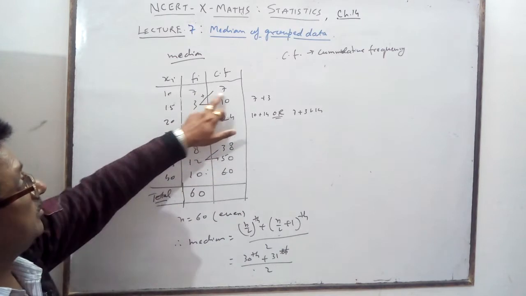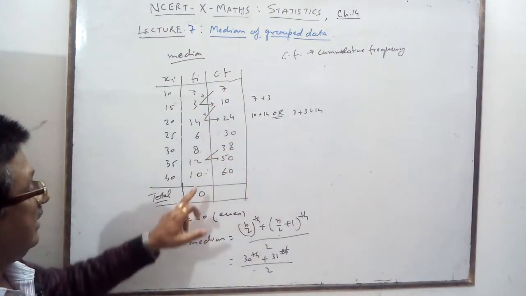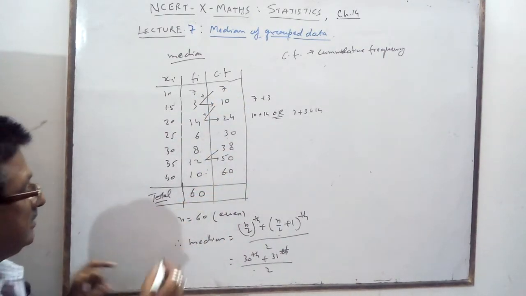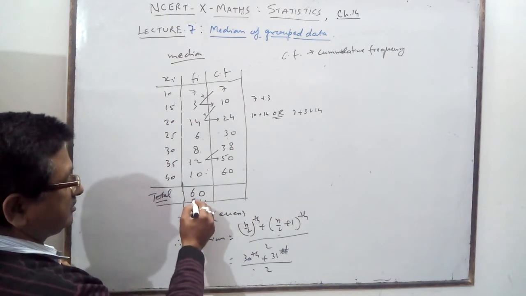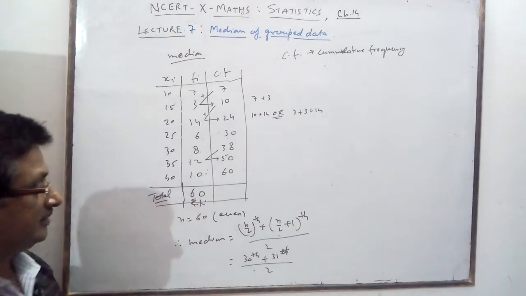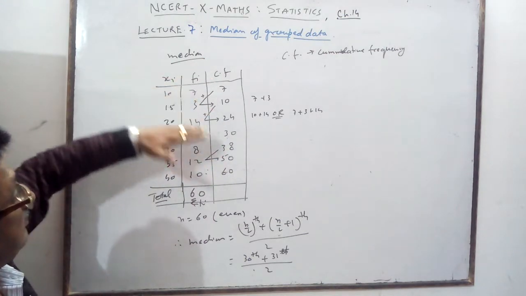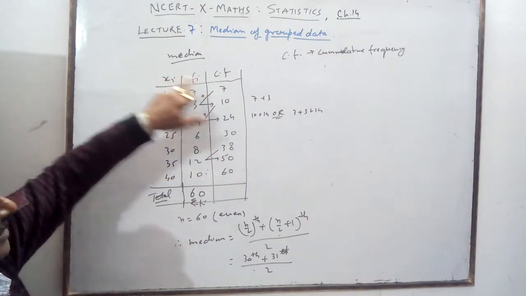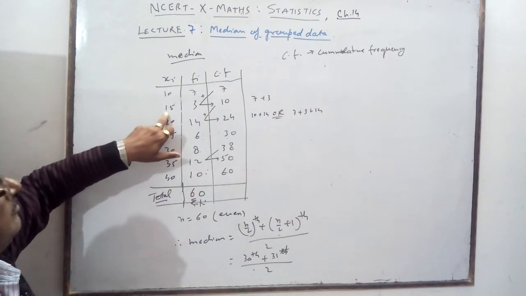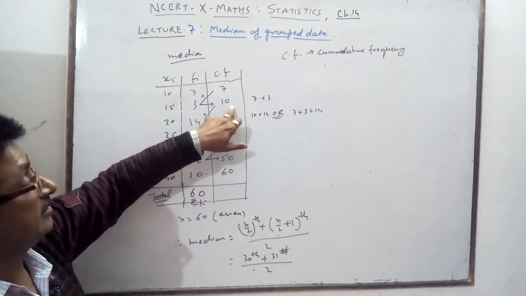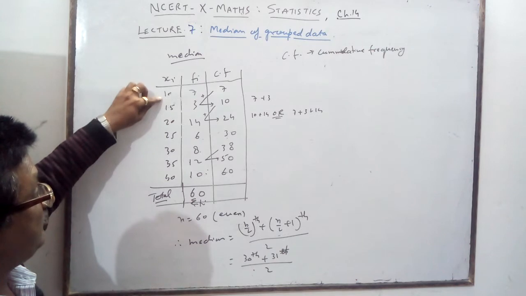Your first cumulative frequency will be 7 and the last will be sigma Fi, which is n here. It must be the same, otherwise it is wrong. Less than means: marks less than 10 is 7, less than 15 is 10, from 0 to 15.